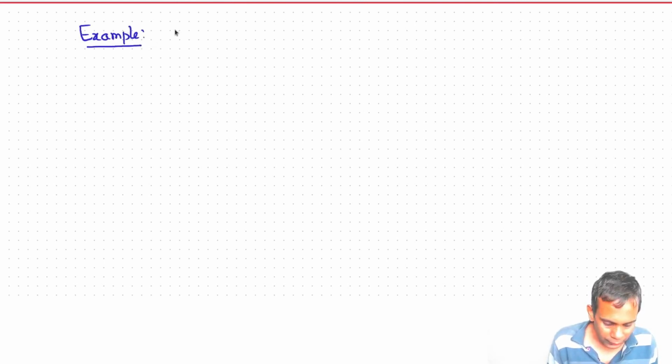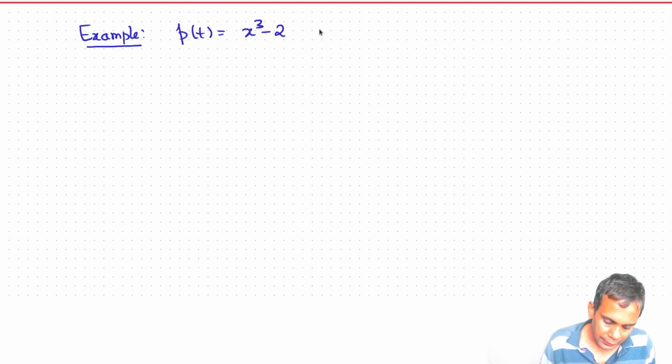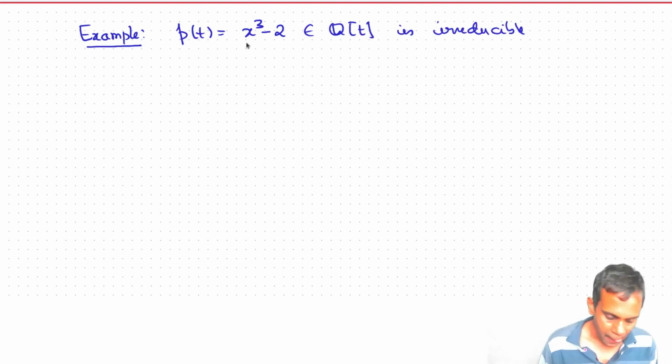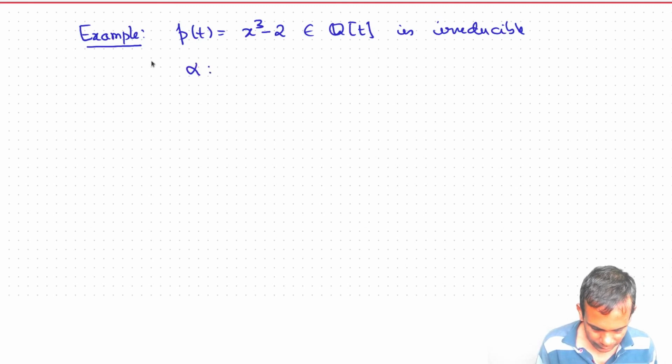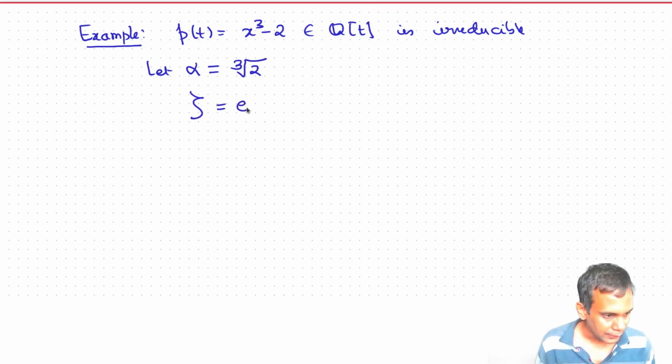Now let's look at an example. Consider the polynomial p(t) equals x cubed minus 2. This is an irreducible polynomial in Q[t]. This polynomial has no rational roots. What are the roots of this polynomial? Let's say alpha equals cube root of 2, and let's say zeta is equal to e to the 2 pi i over 3.